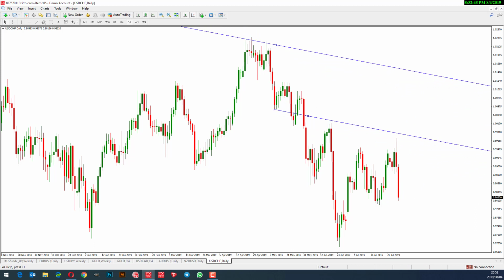So the distance from the lower trend line to the upper trend line is equal across the trend lines. That's an equidistant channel highlight.